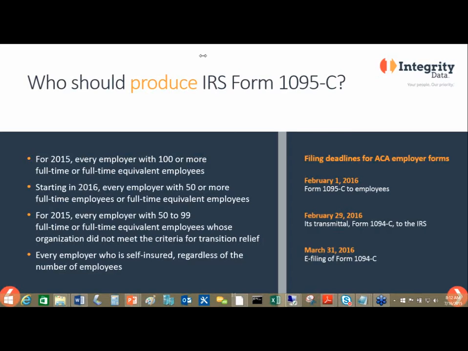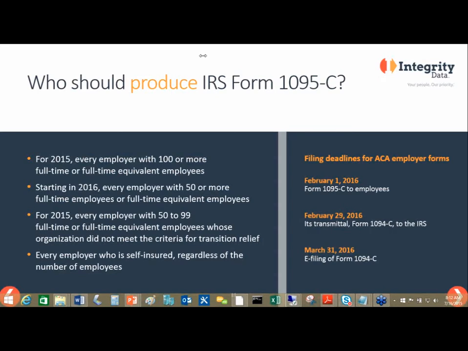By the way, if you're in 50 to 99, you're not going to have to do a 1095C, but there is a submission form called a 1094C that you will have to fill out and send. All you have to say is that you did not lower your number of employees in this calendar year in order to avoid the ACA.